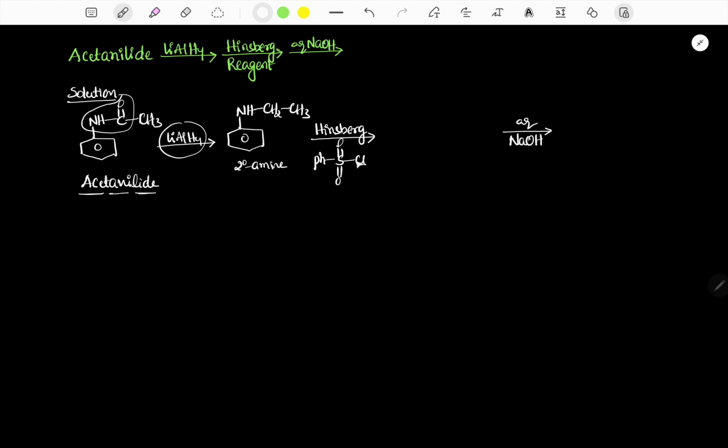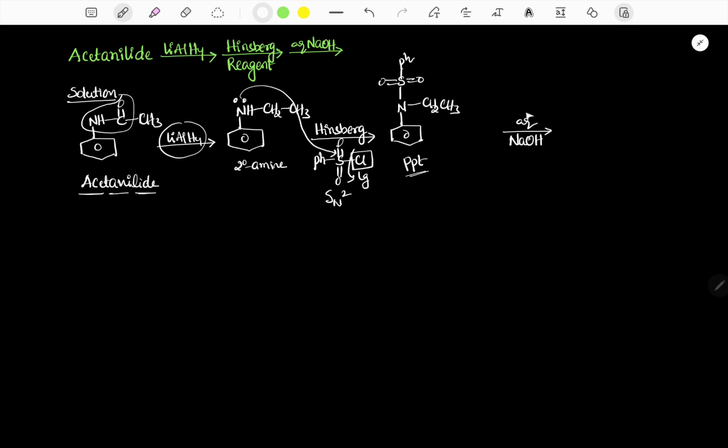It is treated with Hinsberg reagent. Hinsberg reagent has a leaving group and nitrogen is the nucleophile. Therefore, an SN2 reaction takes place. The N lone pair attacks, the leaving group will leave, so we get the corresponding secondary sulfonamide. The secondary sulfonamide is water insoluble, therefore it is a precipitate.